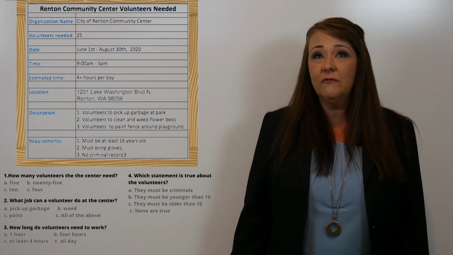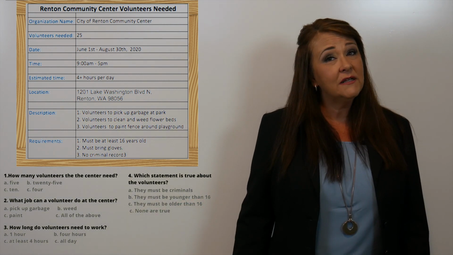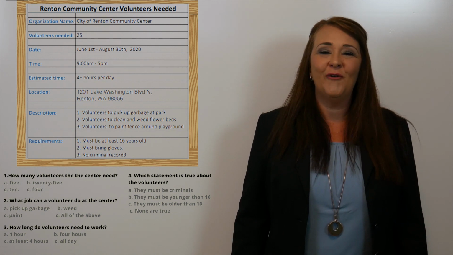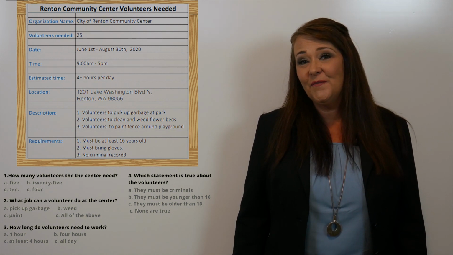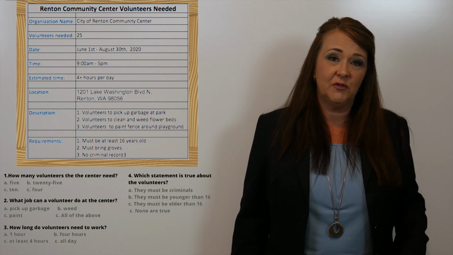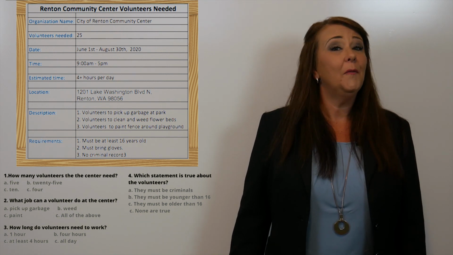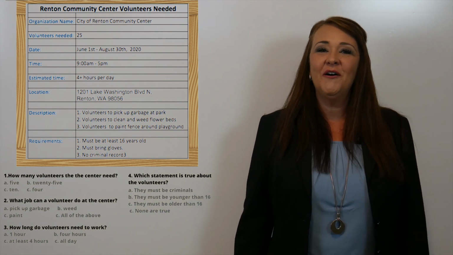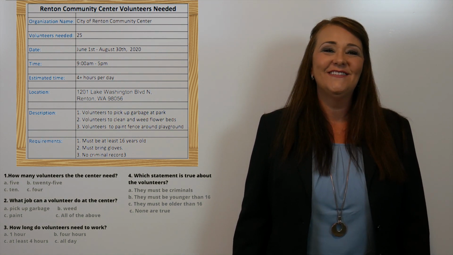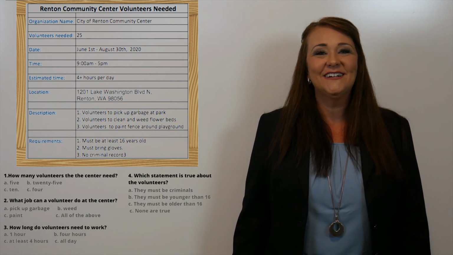So I'd like you to go ahead, read through this community announcement, and then answer the 4 questions below. Pause your video as you read through the announcement and answer the questions, then turn the video back on and we'll go over the answers together. So go ahead now and pause your video.